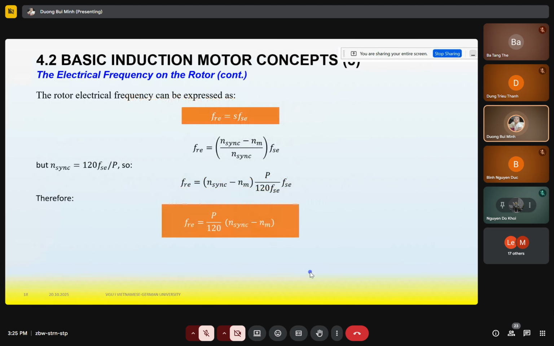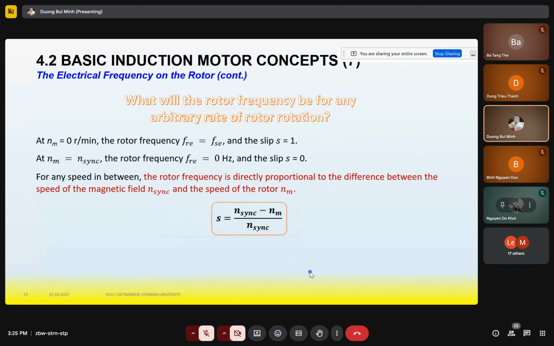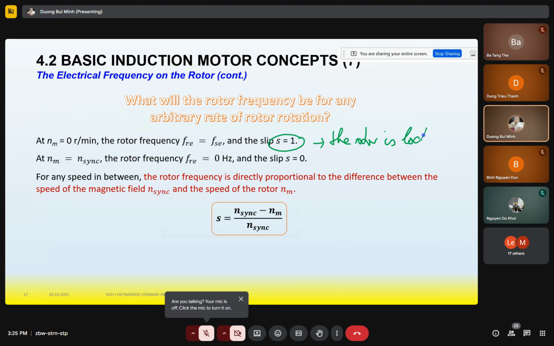Okay, so we summarize here. When S is 1, that means the rotor is locked, or stationary.